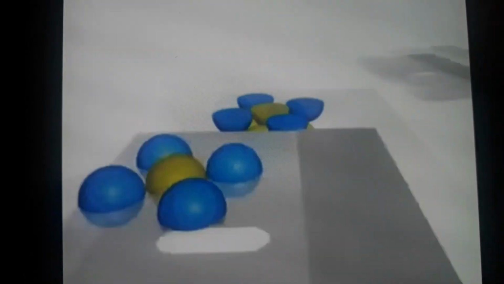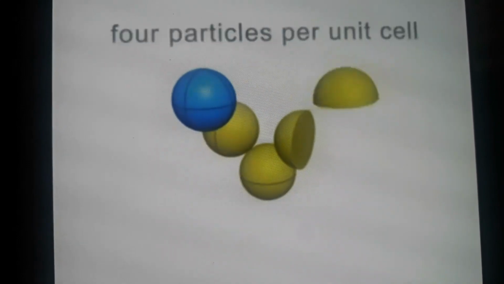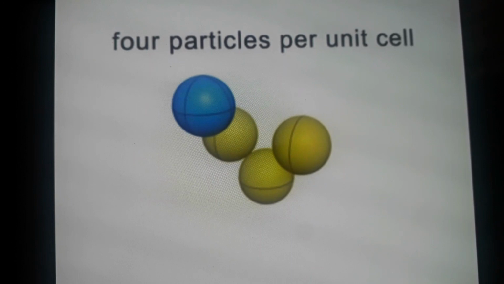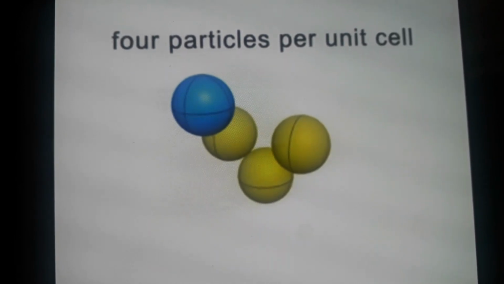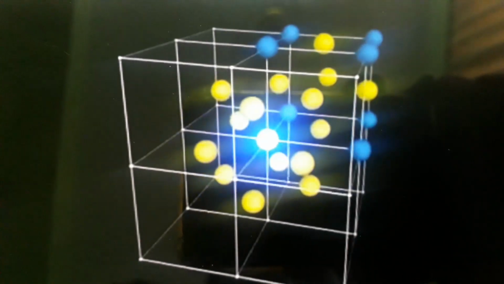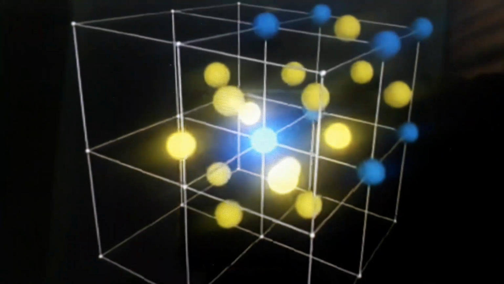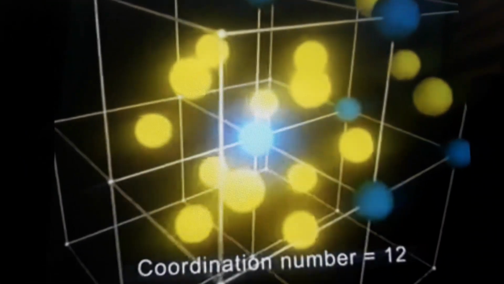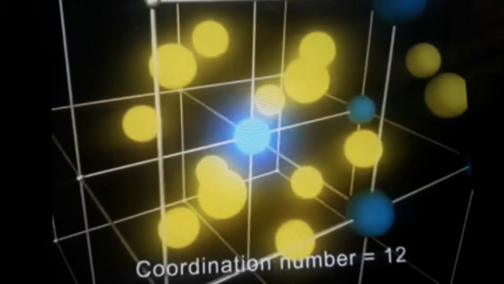The actual unit cell consists of portions of particles at the corners and in the faces. 8/8 at the corners gives 1 particle, and half a particle in each of 6 faces gives 3 more, for a total of 4 particles. In this tiny portion of a face-centered cubic array, notice that a given particle has 4 nearest neighbors around it, 4 more above and 4 more below for a total of 12 nearest neighbors.